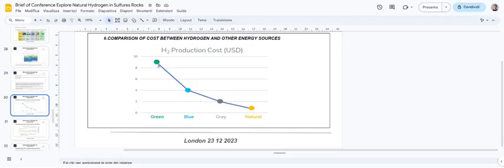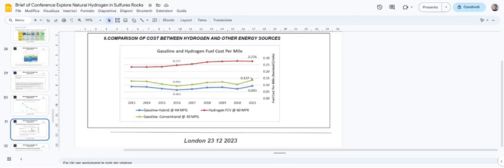Those have the highest price, $8 or $9 for 1 kilo. As a graphic comparison between other natural fuel.